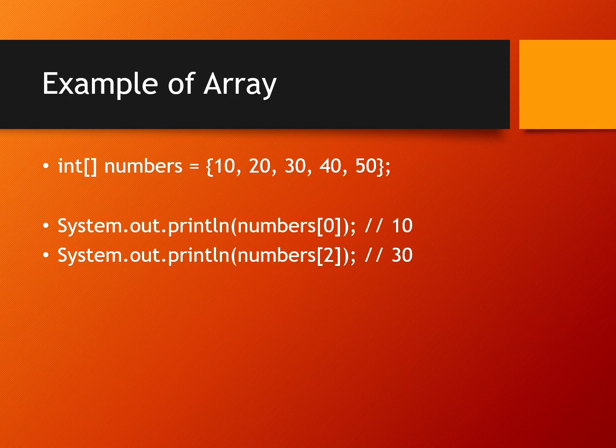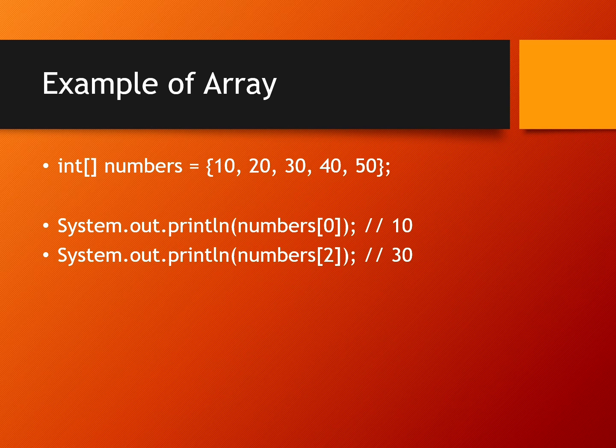Let me show you simple code. Here we declare one integer array, numbers, and here we initialize the values like 10, 20, 30, 40, 50. Here I am going to print index 0, numbers of 0.